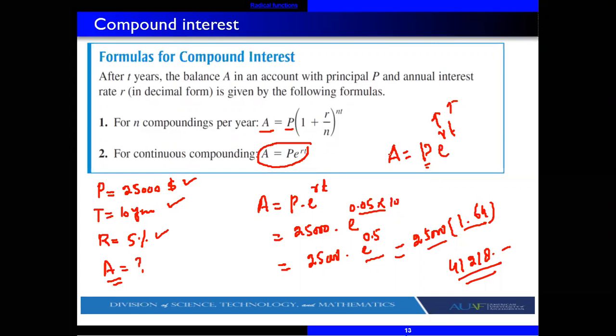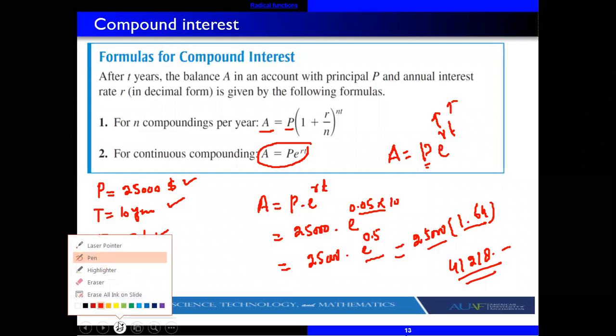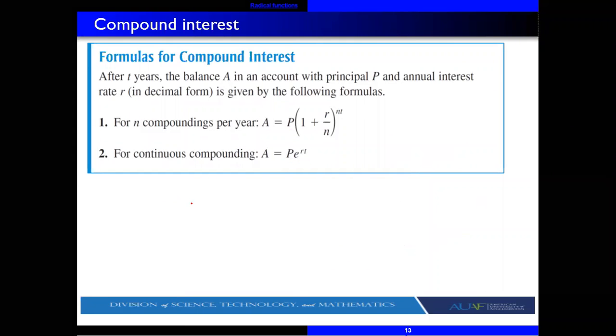So let's suppose you are given some condition like this one, 400 equal to 200 e power rt, where t is 5: 400 equal to 200 e power 5r.